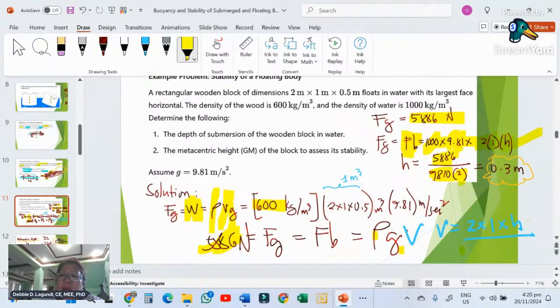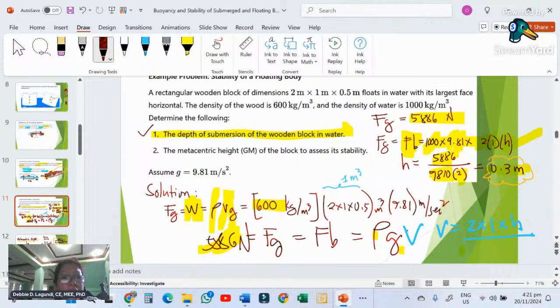Then you will have a value of 0.3 meter. What does it mean? The volume submerged has a height of 0.3. That is the first unknown in this problem. The depth of submersion is 0.3.